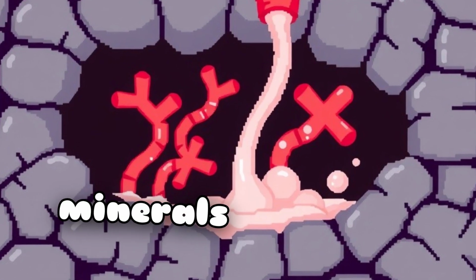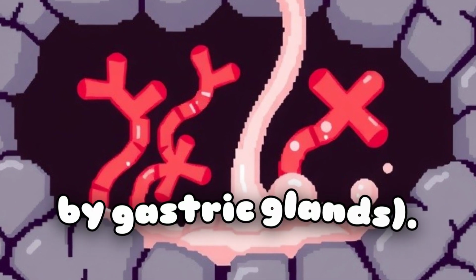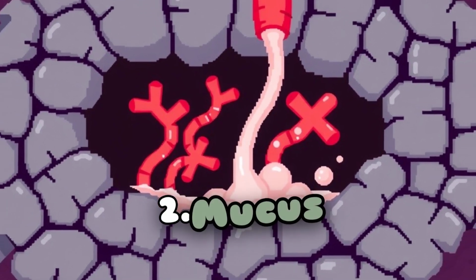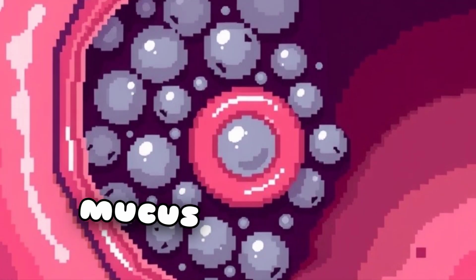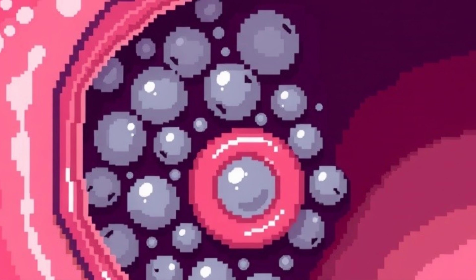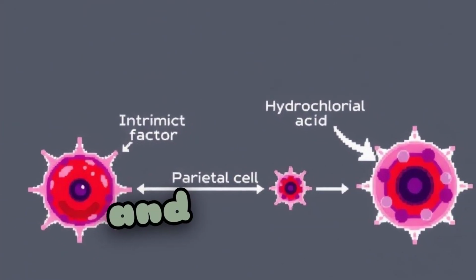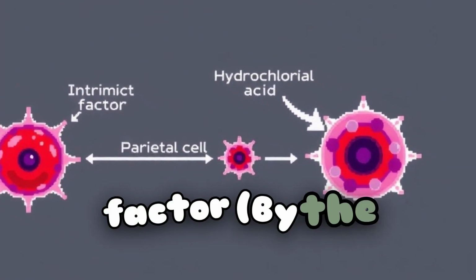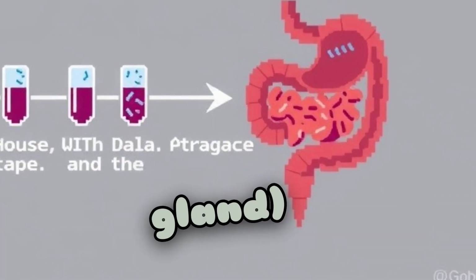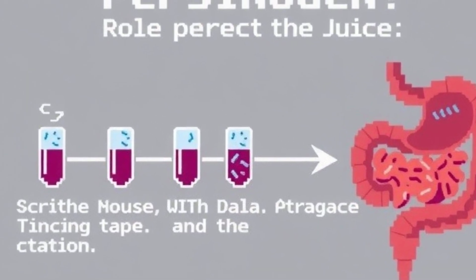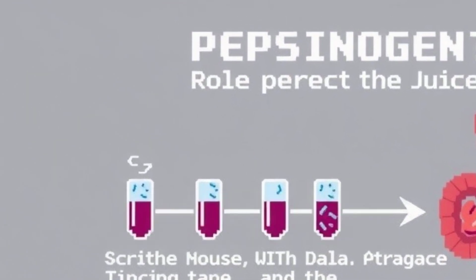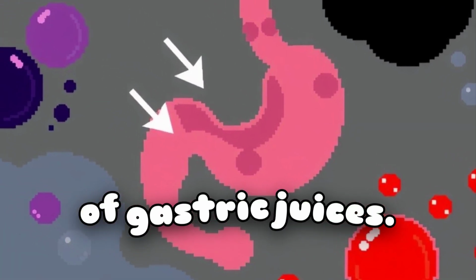Water and minerals secreted by gastric glands. 2. Mucus secreted by the mucus cell on the stomach wall. 3. Hydrochloric acid and intrinsic factor by the parietal cell of the gastric gland. 4. Pepsinogen.